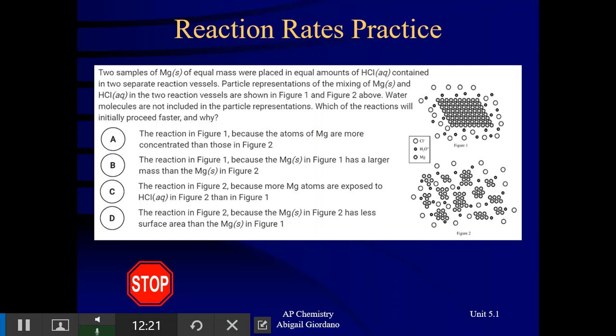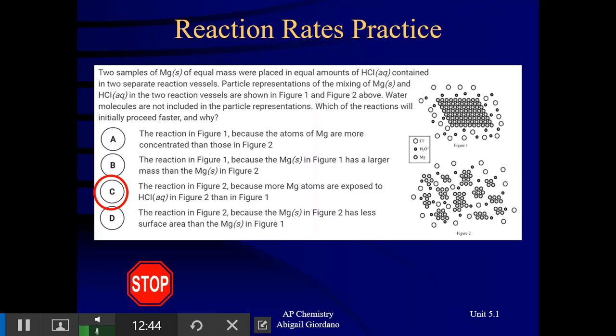If you looked at your answer choices, I'm hoping that you realize that answer C is the correct answer. Figure 2 is going to proceed at a faster rate because that magnesium simply has a greater surface area. There's more atoms exposed to the acid.